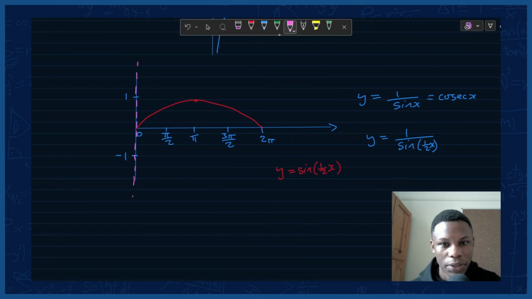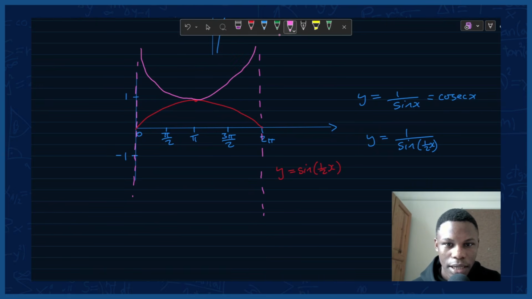And then I'm also going to have an asymptote at 2 pi. Okay. And then it's not really a reflection, but it looks like a reflection. And it approaches the asymptote, never actually touches that. This becomes the graph of y is equal to cosec of a half x.